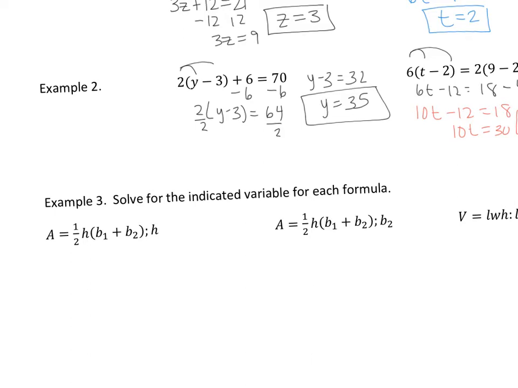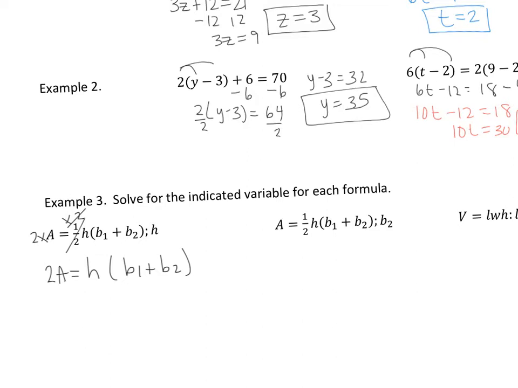So you could either get rid of the b1 and b2 by dividing by b1 plus b2. I can divide this because it's 1/2 times h times b1 plus b2. Or you could also get rid of the 1/2 first if you want. So if I get rid of 1/2, I'm going to multiply both sides by the reciprocal of 1/2, which is 2. So I have 2a, these two would cancel out because 1/2 times 2 is 1, equals h times the quantity b1 plus b2.